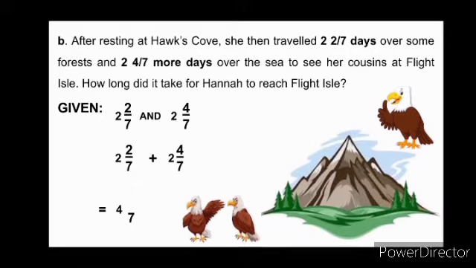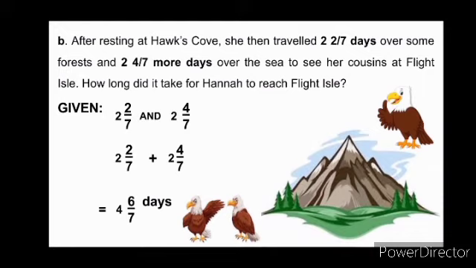So 2 plus 4 is equal to 6. Very good. So we have our final answer: 4 6/7 days for Hannah to reach Flight Isle. So it takes her 4 6/7 days to reach there.